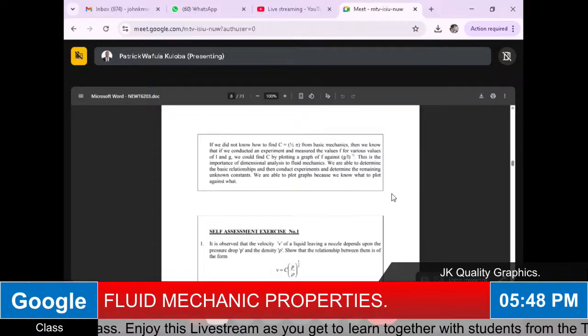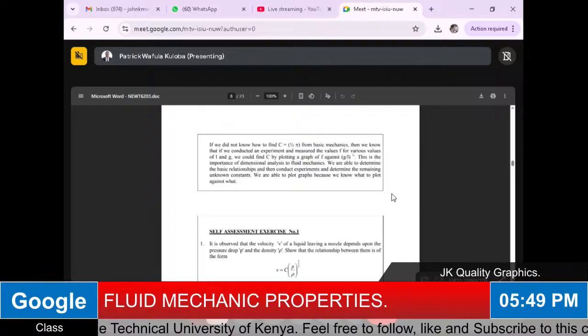Meters, which is L, per second, so it's L over T, which becomes L T raised to minus 1. Then we go to pressure. Check for the MLT equation for pressure.